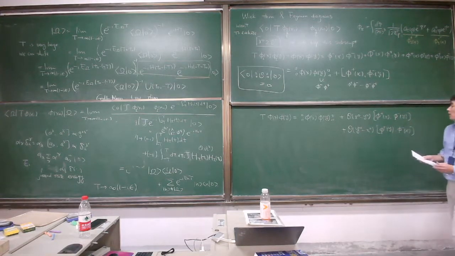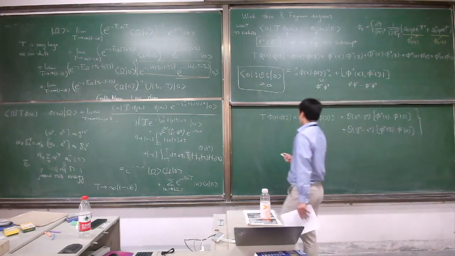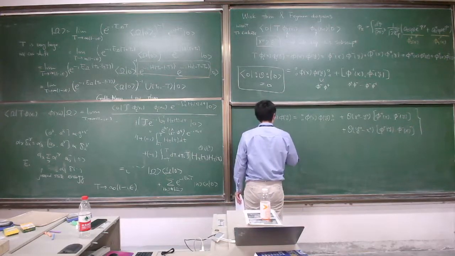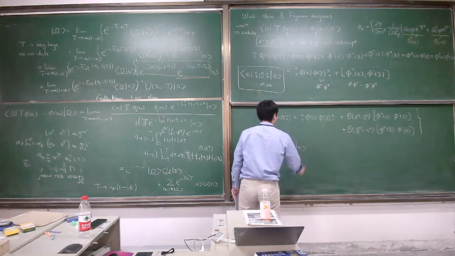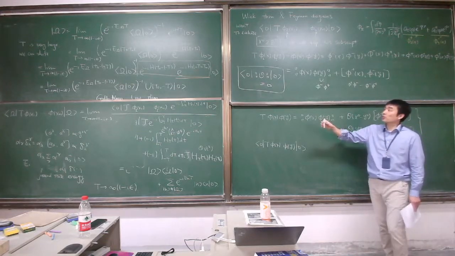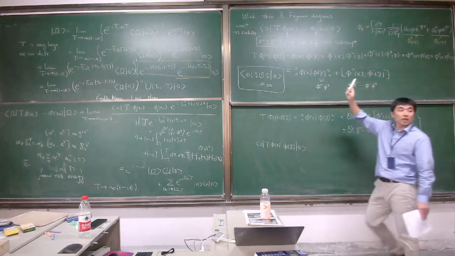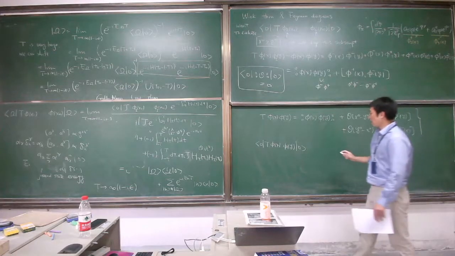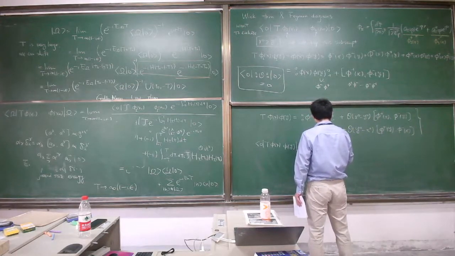But we know how to compute this. We already knew how to evaluate this if you sandwich by vacuum. So <0|T phi x phi y|0>, since the normal ordered term does not contribute to the correlation function, as I mentioned, when sandwiched by vacuum, this term we already evaluated in free theory, and we know this is given by one propagator F of x minus y.